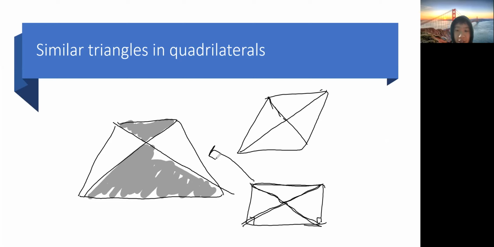Okay? And sometimes, in some problems, you're going to see a rectangle, and they're going to look like this. So when you see this type of problem, this is actually a common type of problem. They're going to draw a diagonal, and it doesn't go all the way to the corner. It just goes maybe halfway. So to find lengths in these triangles, sometimes you're going to have to draw your own triangles in, okay?